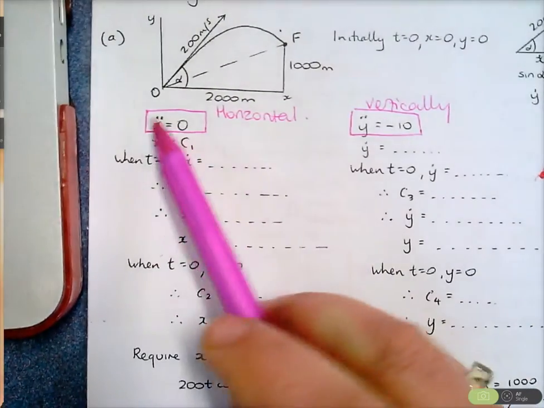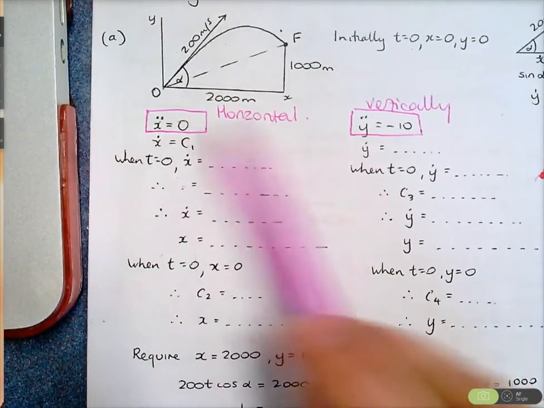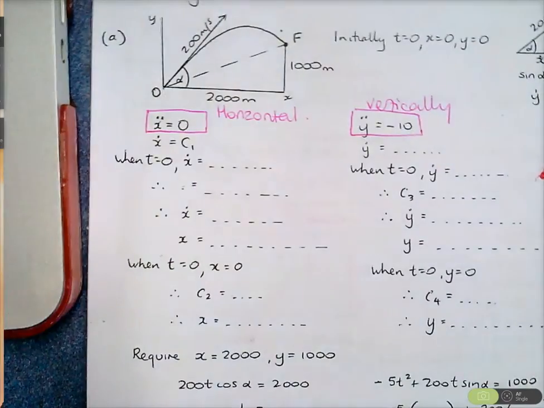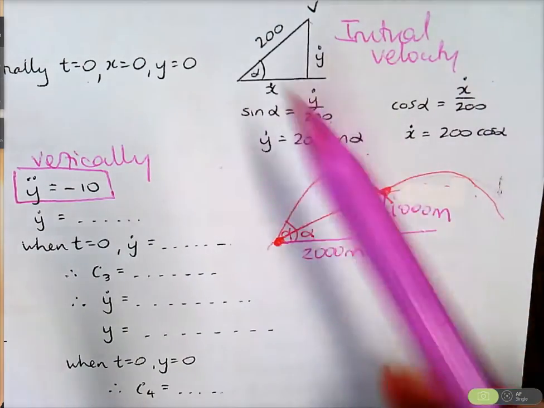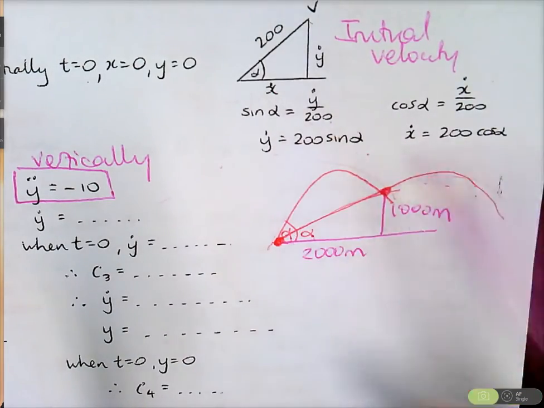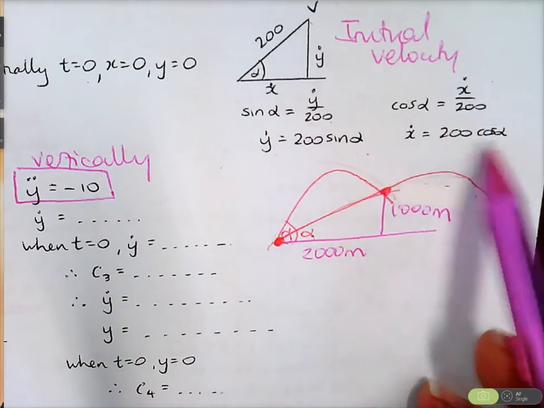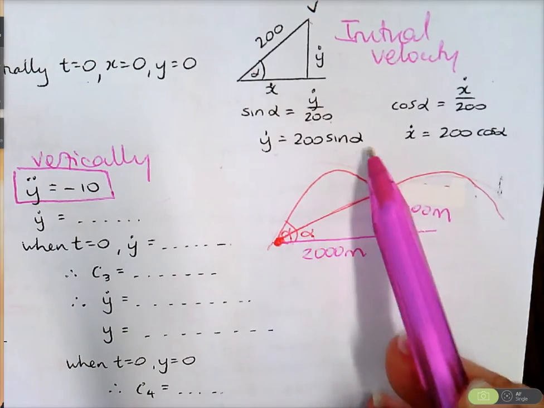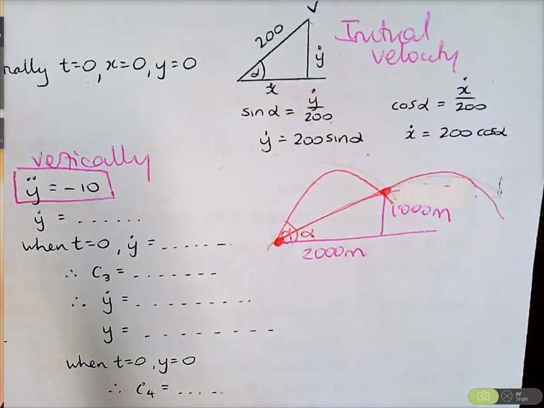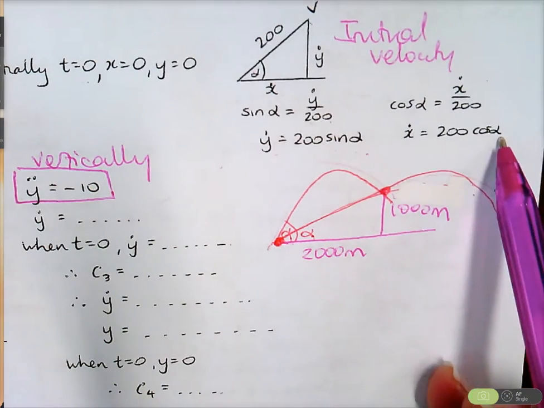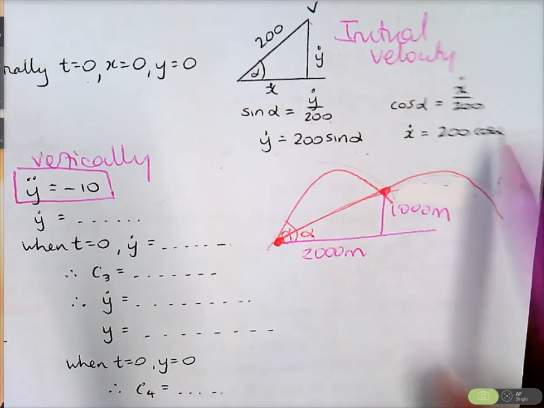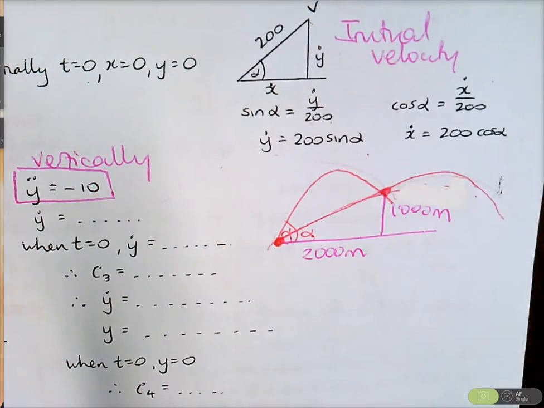You must always start with horizontal acceleration is 0. Velocity triangles, always have to draw them for initial horizontal and initial vertical velocity. Girls, if you look at that, x dot is 200 cos alpha, y dot is 200 sine alpha. Neither of those velocities will change anyway, it just depends on what alpha is.